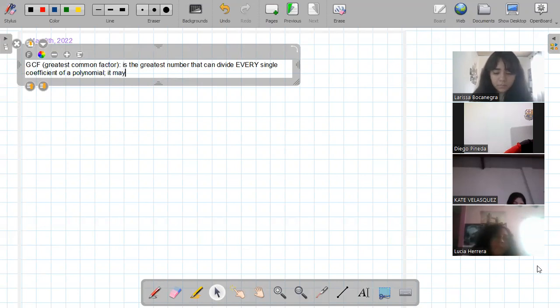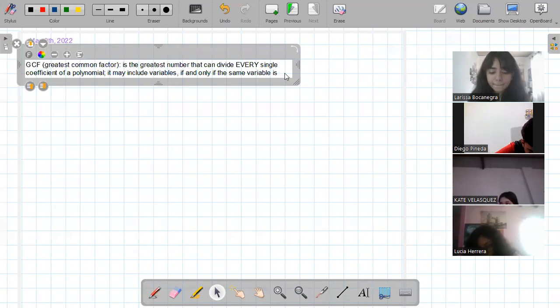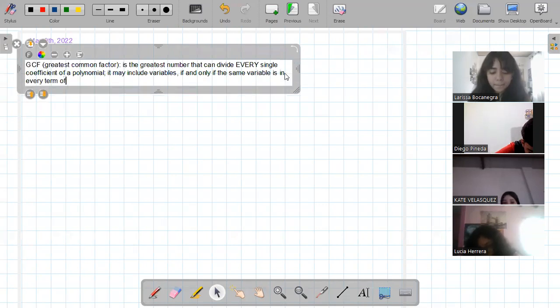It may include variables if and only if the same variable is in every term of the polynomial.